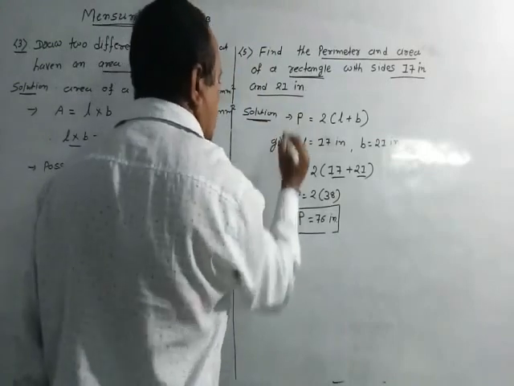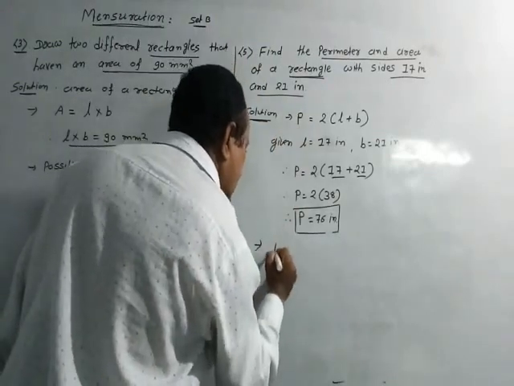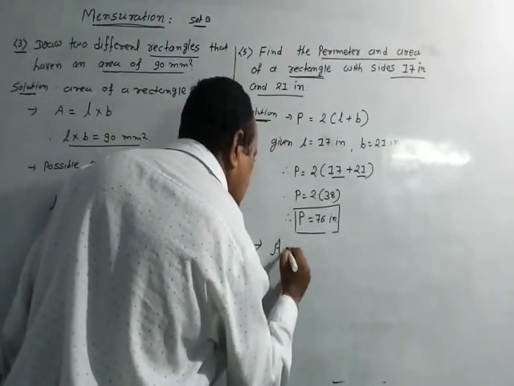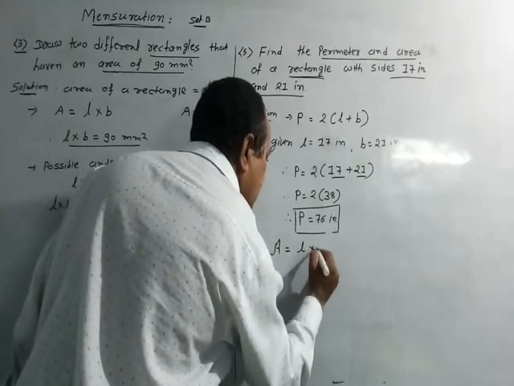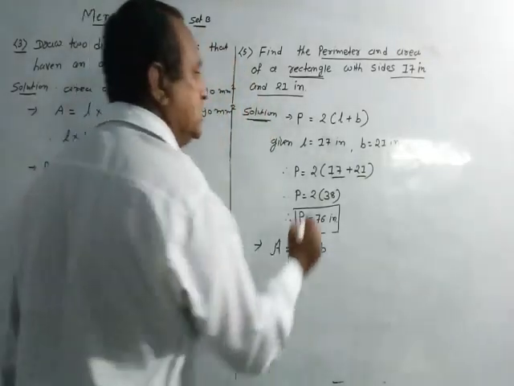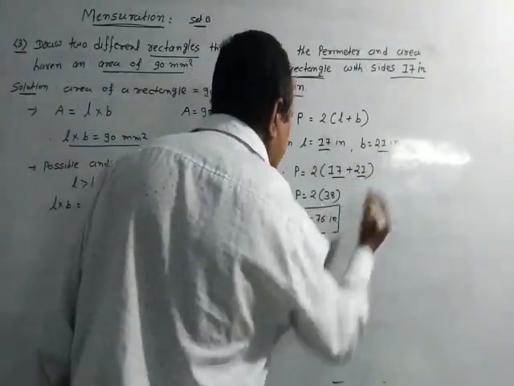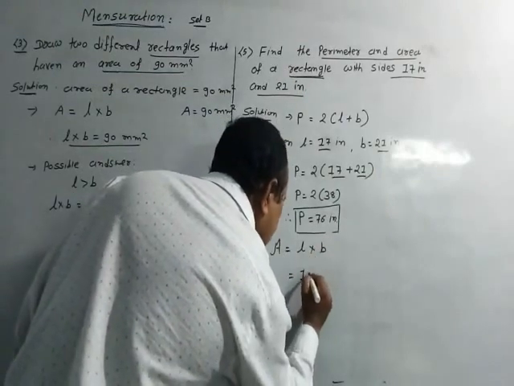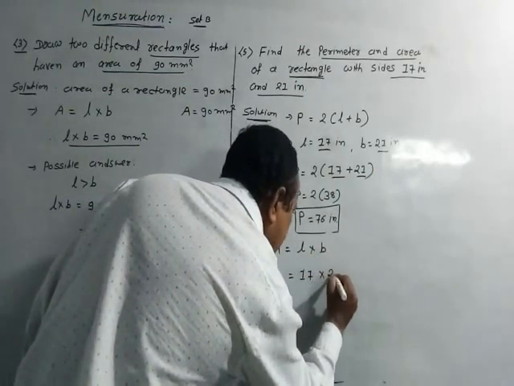Now area. Area is L multiplied by B. Here given L 17 and B 21. Then 17 multiplied by 21.